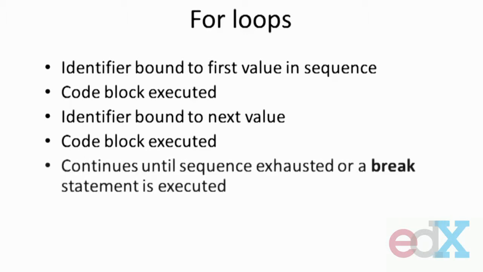I'll do that until I either run out of choices or until I hit a special keyword called break. When I hit a break statement, it pops me out or stops me from computing things inside of that for and takes me to the next piece of code. So break will be a way to tell me, based on some test, when I actually want to jump out of the code.